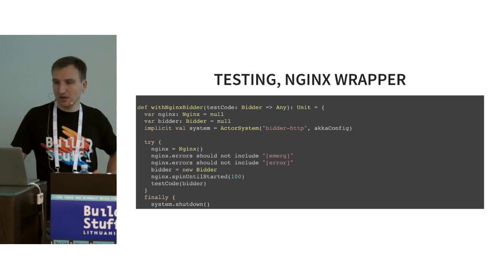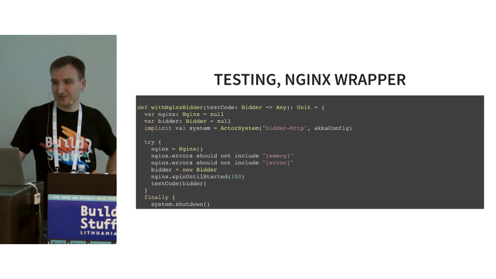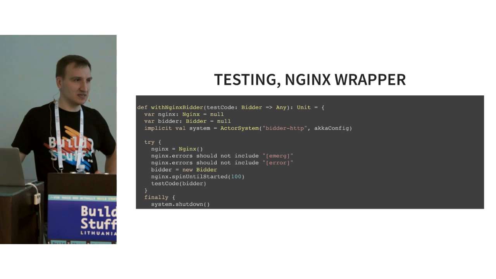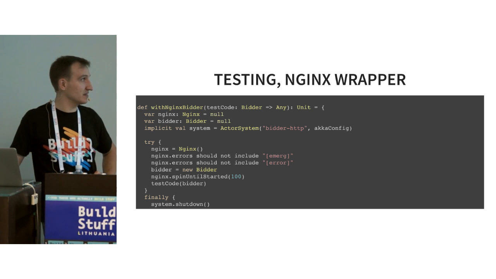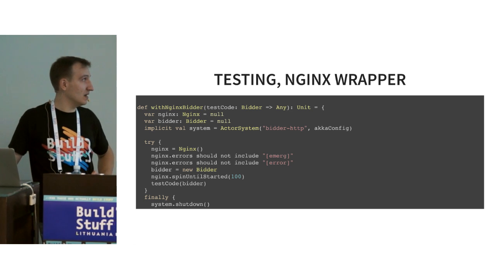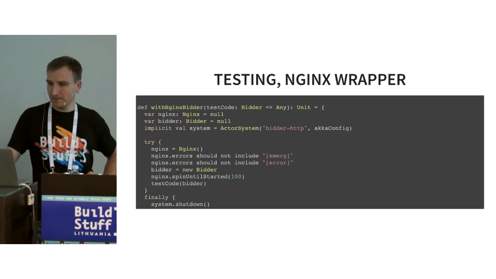The framework uses an actor system underneath. It's a little bit of overhead, but still it caught many errors because it's capable of catching segmentation faults, memory leaks, and other stuff that you cannot predict.